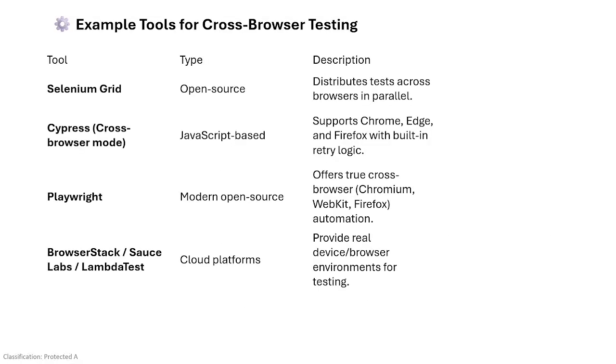Example tools for cross-browser testing. Selenium Grid: open source, distributed tests across browsers in parallel. Cypress: JavaScript-based, supports Chrome, Edge, and Firefox with built-in retry logic.